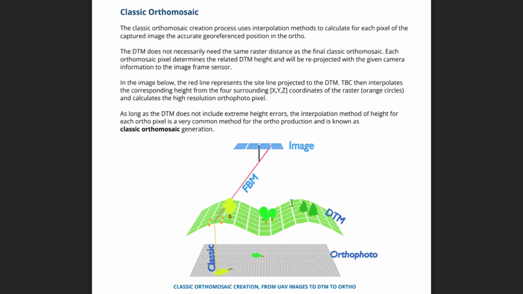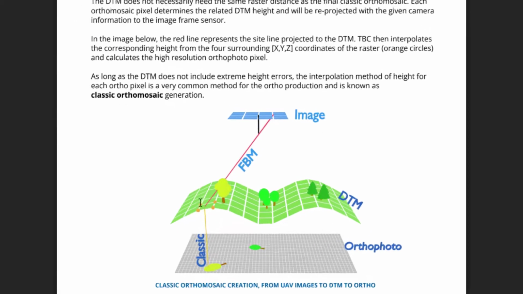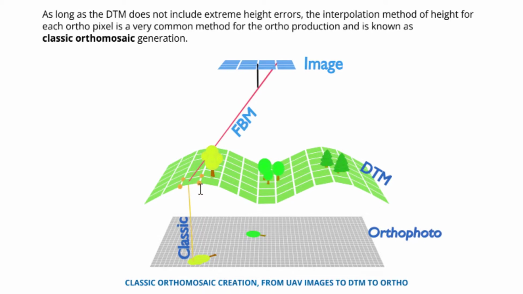Don't make the mistake: the DTM does not necessarily need the same raster distance as your final classic ortho mosaic. So we can use the original image with the highest resolution, take a pixel from this, then project this one pixel somewhere on this terrain model, and you see it does not need to hit the corner of our point cloud.